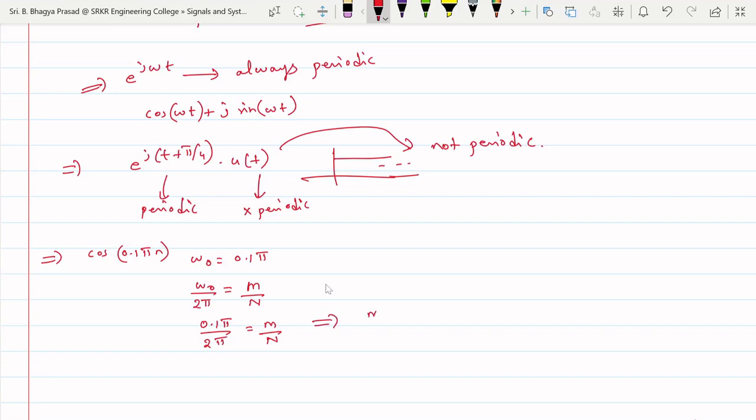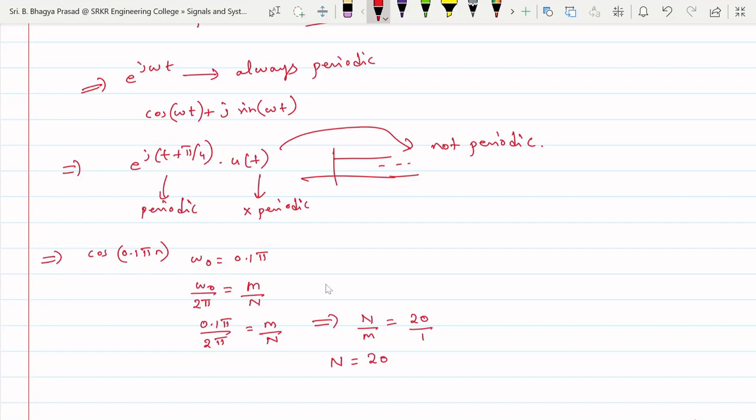So m by n, I will write it like this, n by m is simply 20. So the period N is 20.